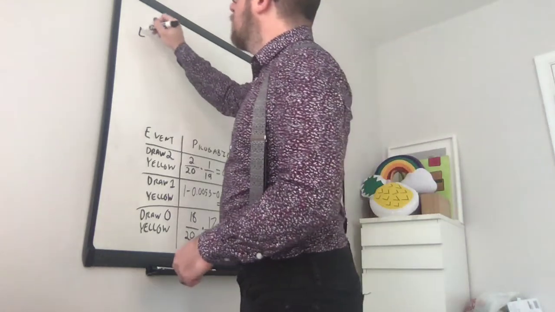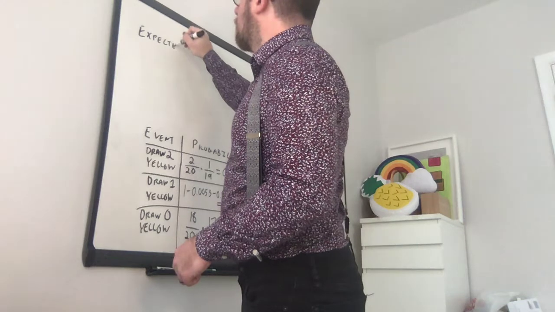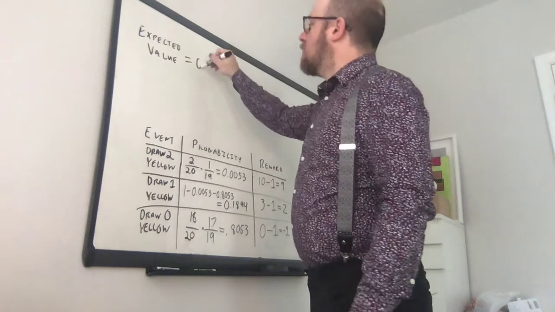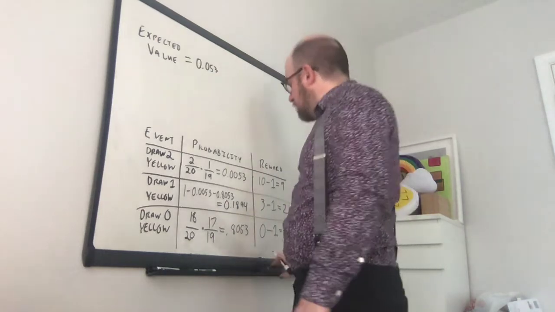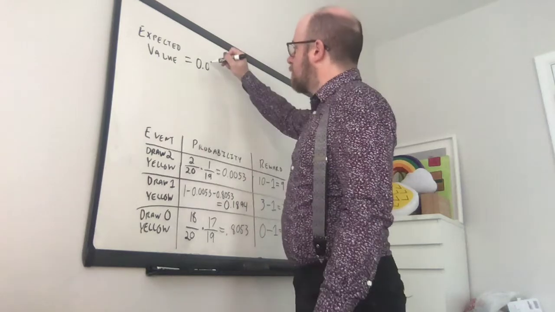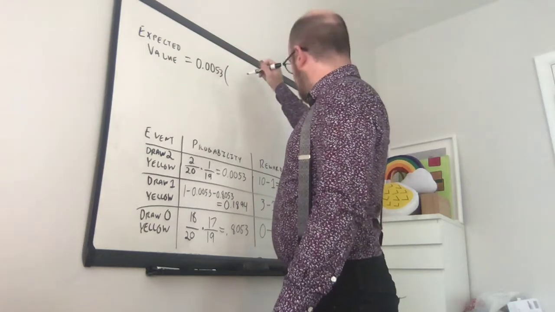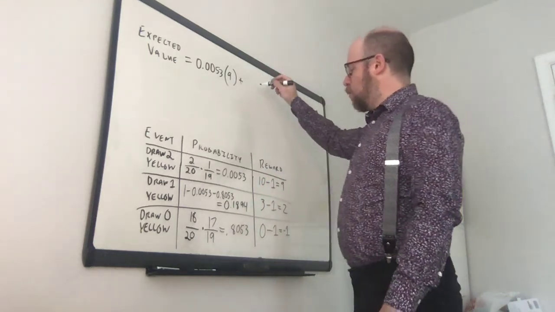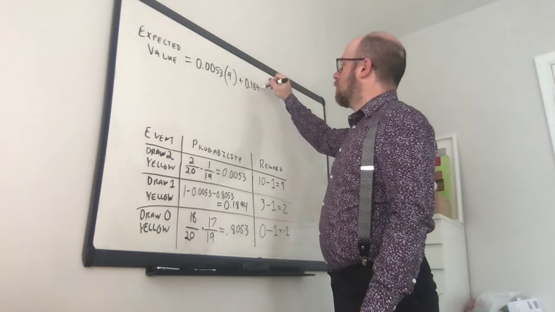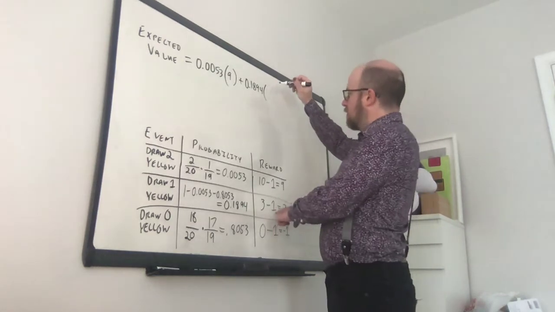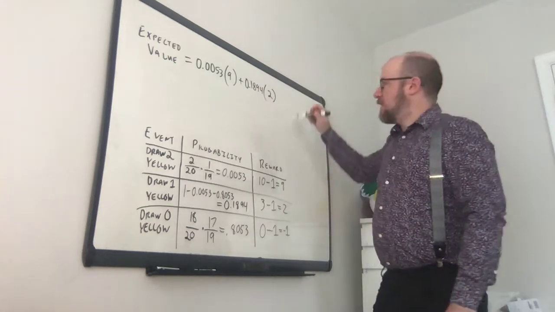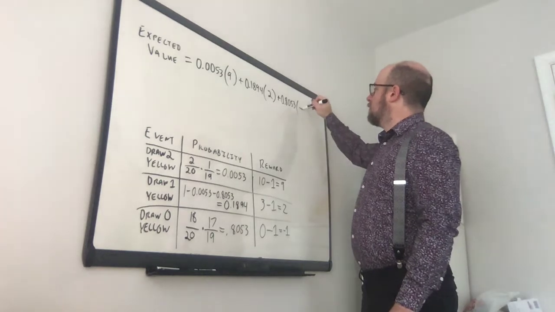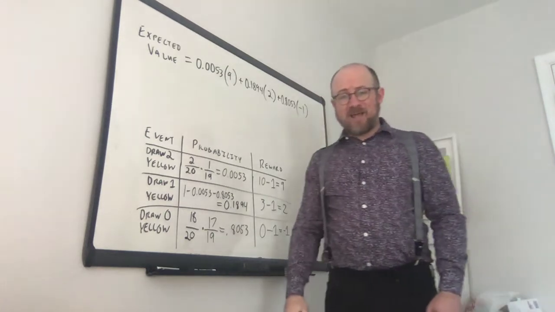So the expected value: 0.0053 times the reward of 9, plus 0.1894 times the reward of 2, and then plus 0.8053 times the reward of -1.